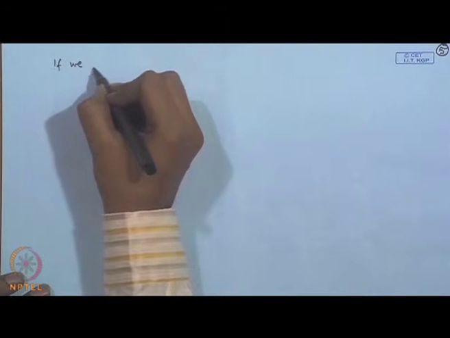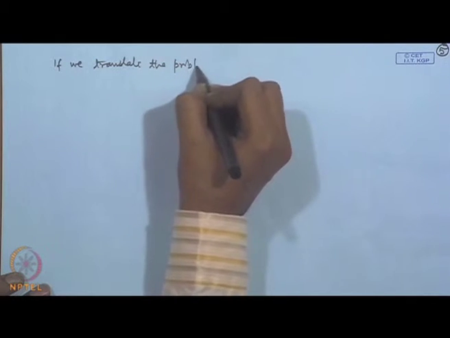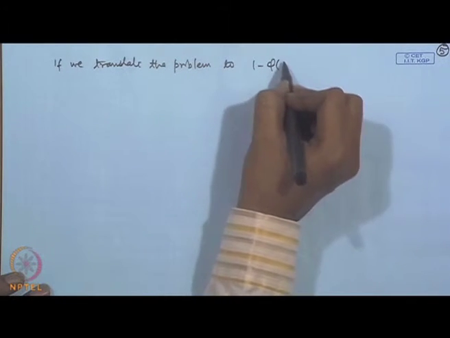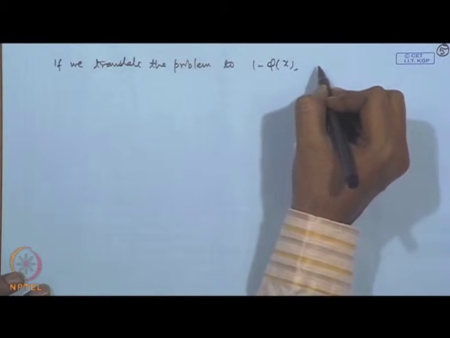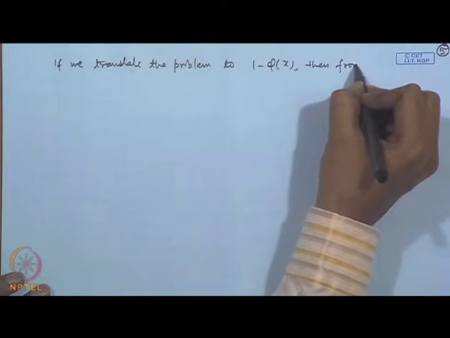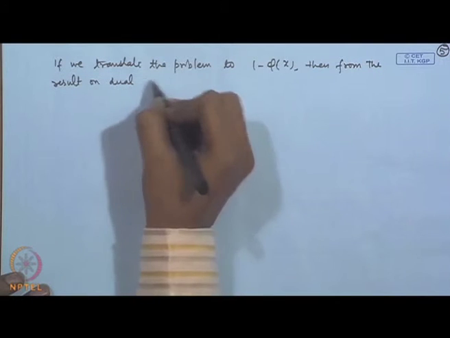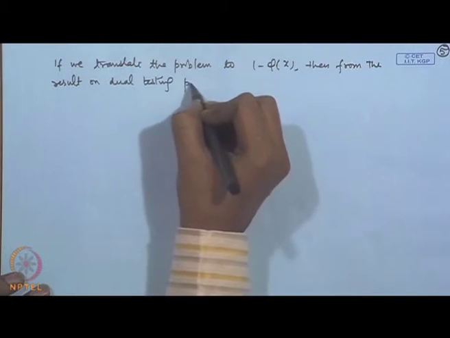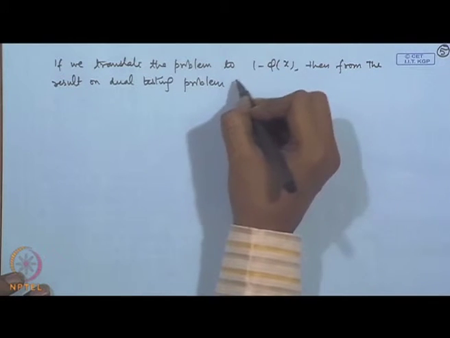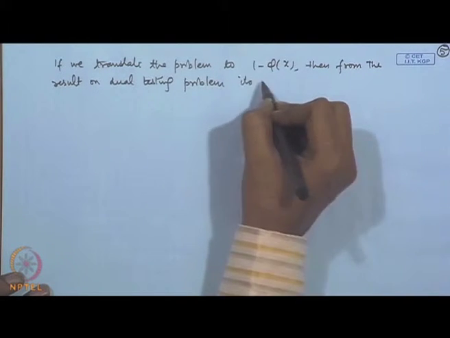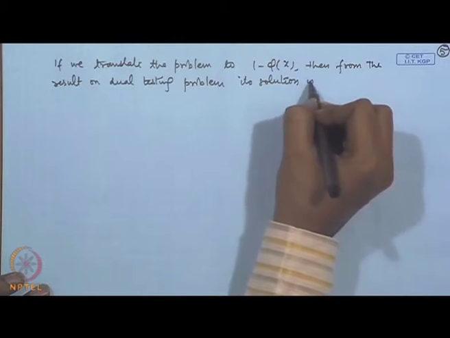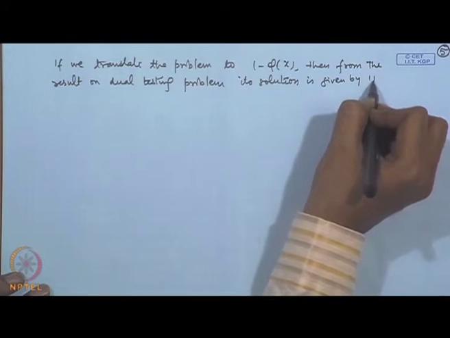Now, if we translate the problem to 1 minus phi x function, then from the result on the dual testing problem, its solution is given by 1 and 2.